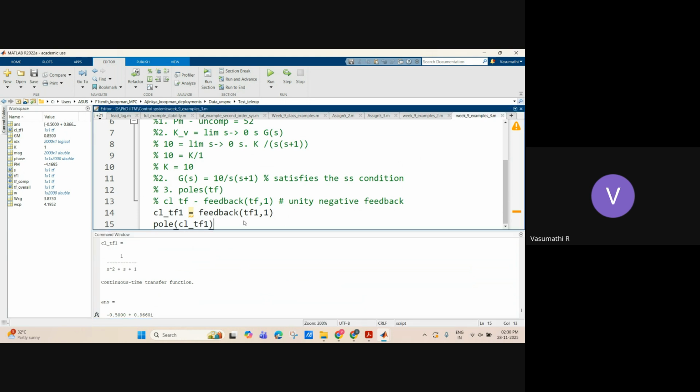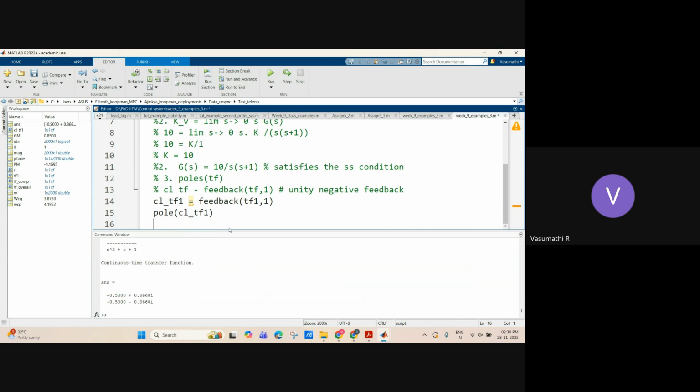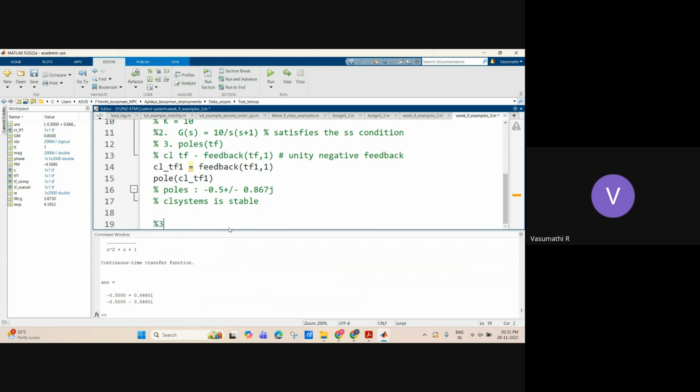And your poles are at minus 0.5 plus or minus 0.867j. So this is stable. So my closed loop system is stable, right? I hope there is no doubt.